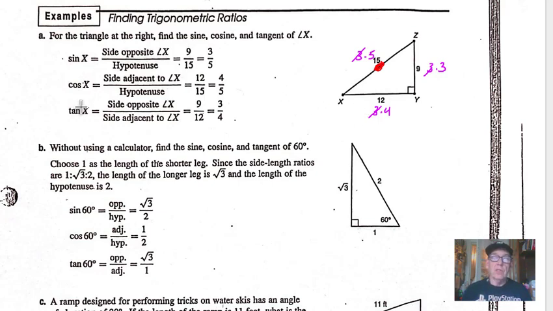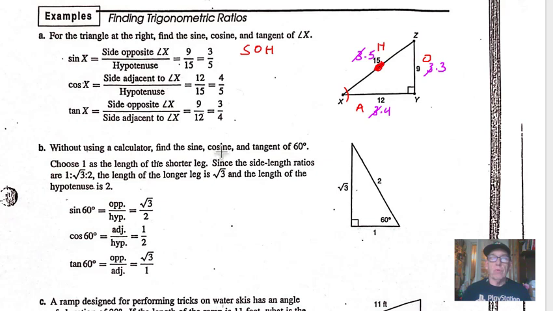So if we're using x as our reference angle, which is this angle here, 12 is the adjacent side, and the opposite side is going to be the 9. And then we have the hypotenuse already labeled. So if we want to do sine, sine is opposite over hypotenuse, which gives us opposite 3 over hypotenuse 5.